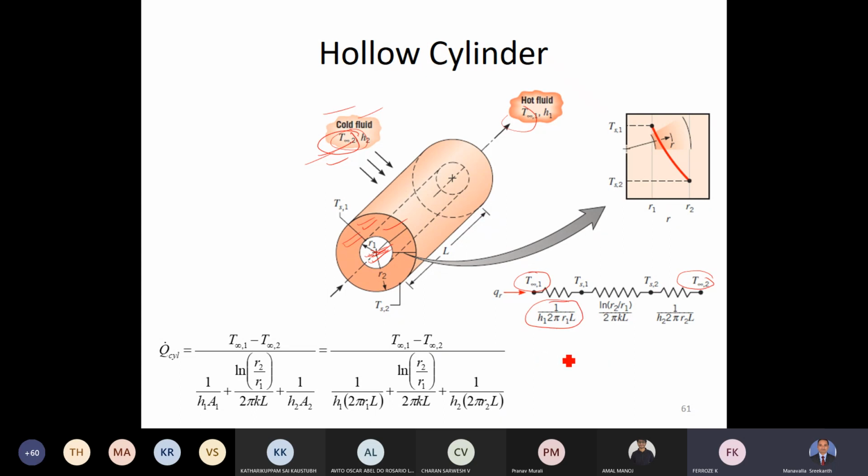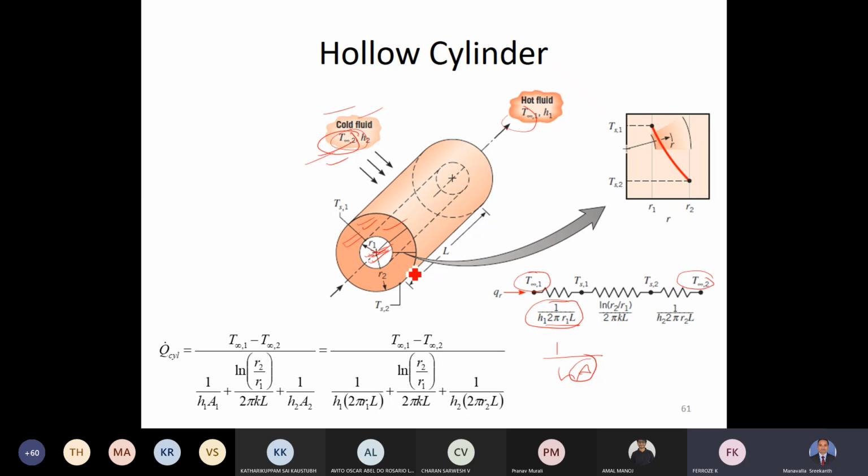You know, the convection resistance is 1 by hA, where A is the inside surface area. So it's not pi r square, but it is the circumference multiplied by the length. So 2 pi RL is nothing but A on the inside. 2 pi R1L, because R1 is the inside radius.